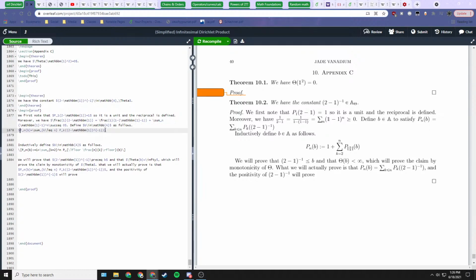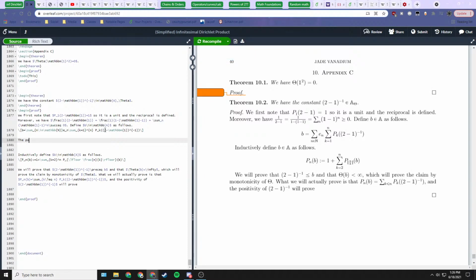So we've got a sum across n in the naturals, of the sum over k equals 1 to n of this.